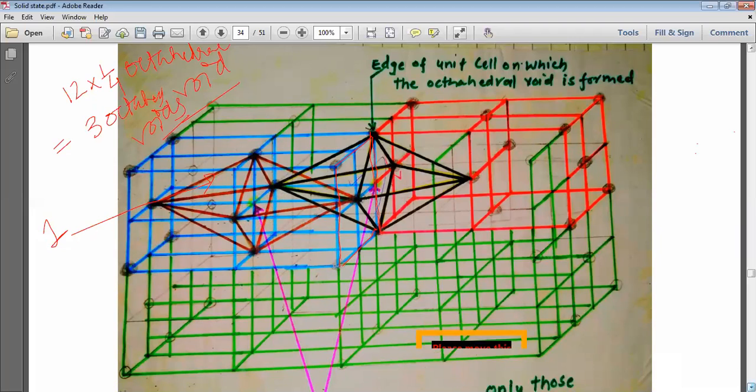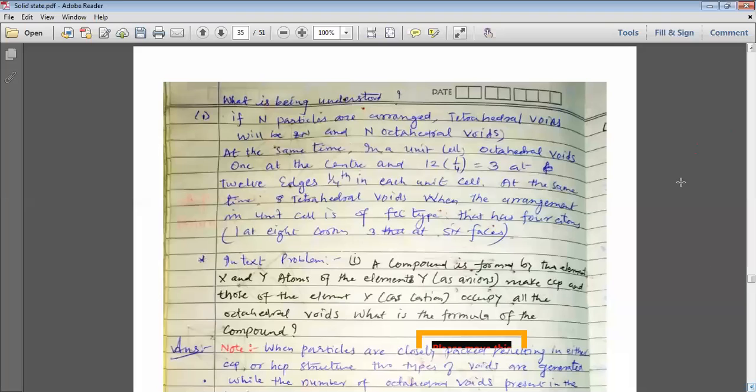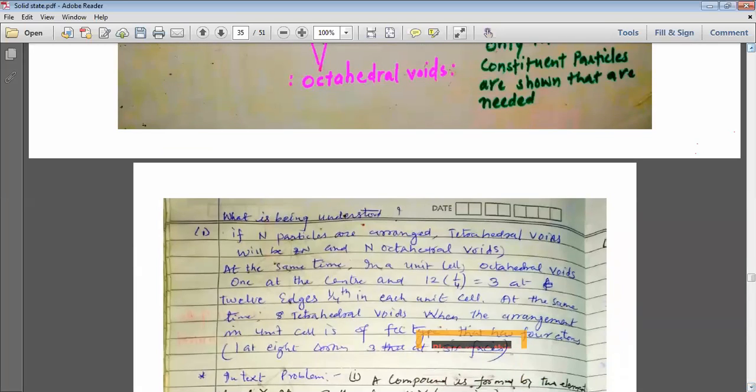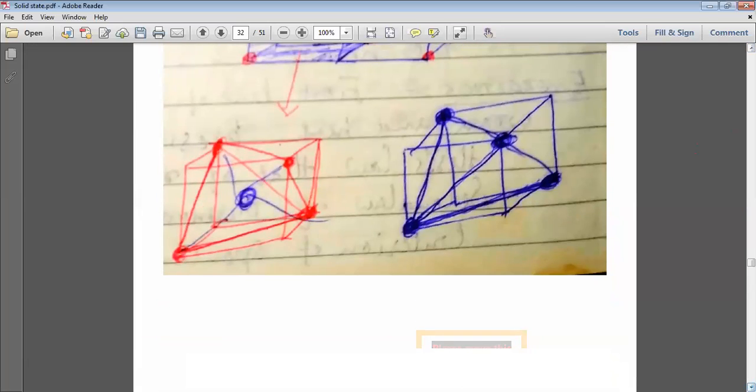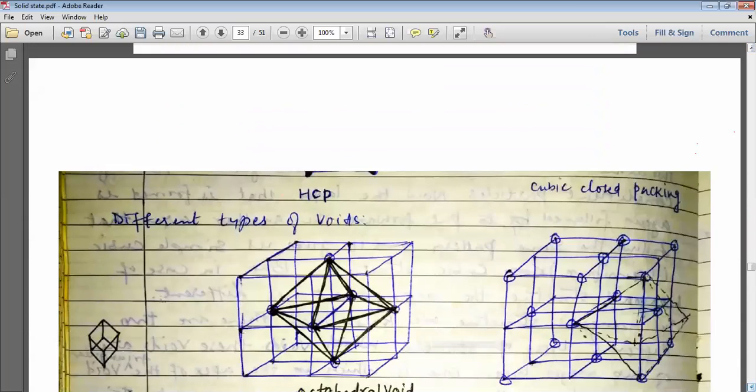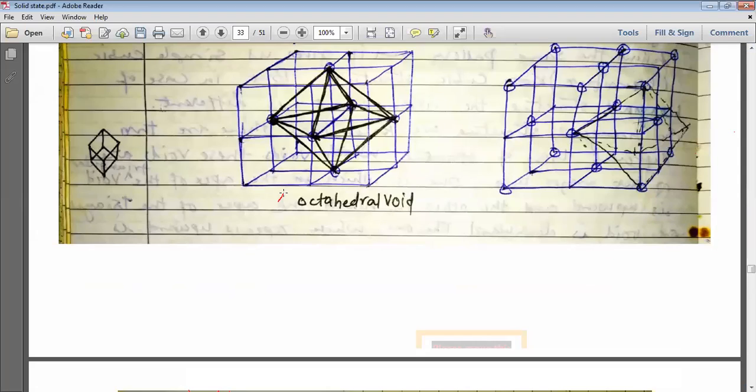So my dear students, now you can understand that in each face-centered unit cell, which I have shown you, once again, I'll explain. 1 octahedral void is already present inside the unit cell, and this type of void is 1/4 present on each edge, such that we have 12 edges, and total there are 3 octahedral voids.